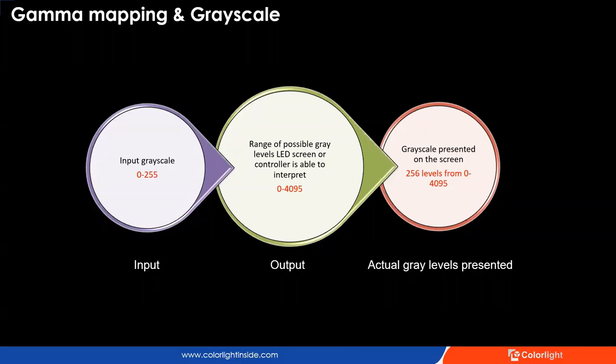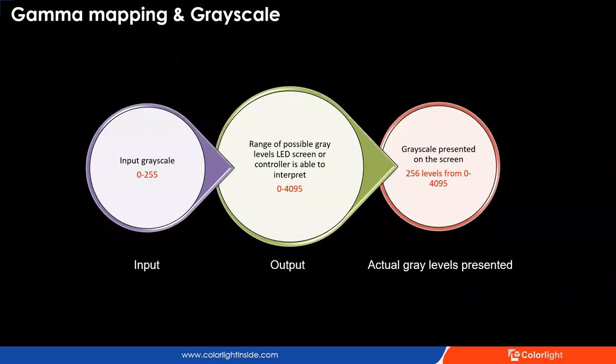Video input grayscale is also referred to as color depth, which is measured in bits. 8-bit equals 255 gray levels, and 10-bit equals 1023 gray levels. Video input gray level is usually 8-bit or 10-bit. 12-bit is still very rare in the market today.